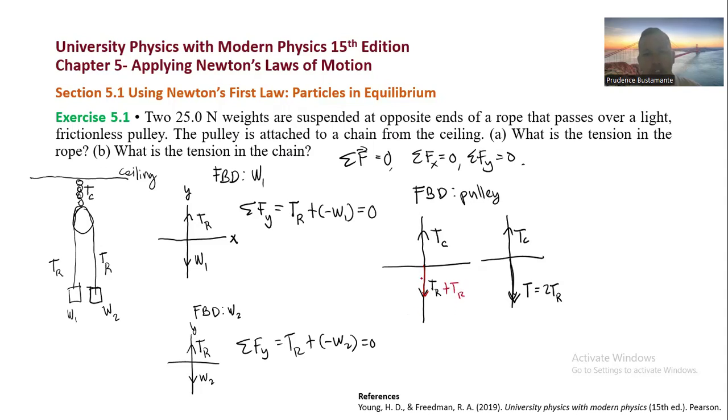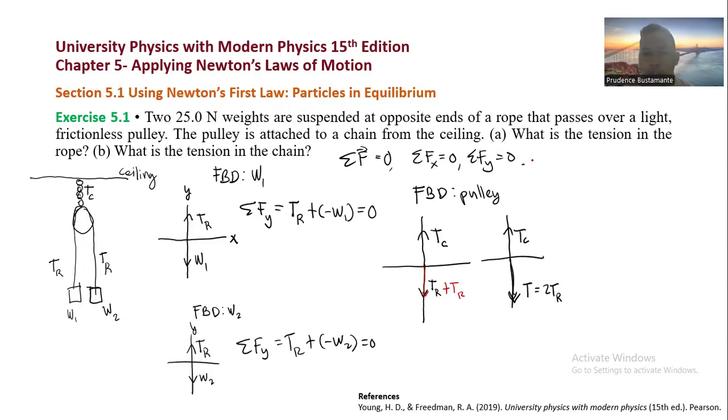There are two tensions here downward, but if we combine them, the tension T is just 2 times the tension R. If you're the pulley, you are pulled by those two weights, and there is tension pulling you upward.